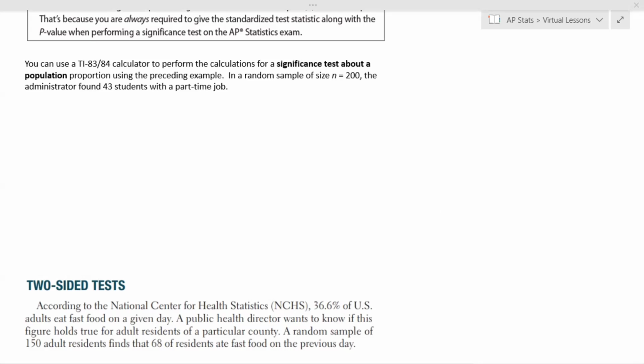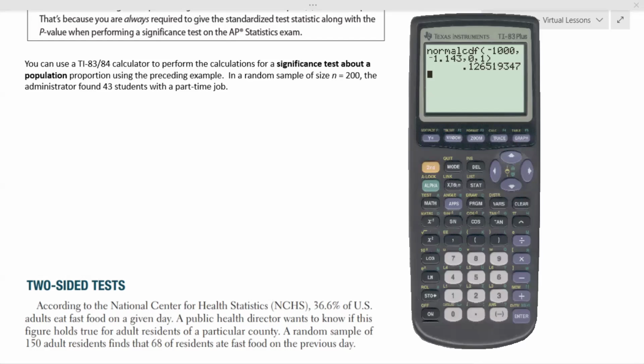So if we go back to the graphing calculator, let me just clear this stuff off. Okay. You hit stat, and then we scroll over to tests, and we want a one proportion z test. So that's this one right here.